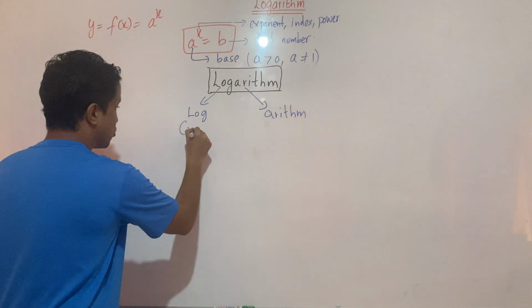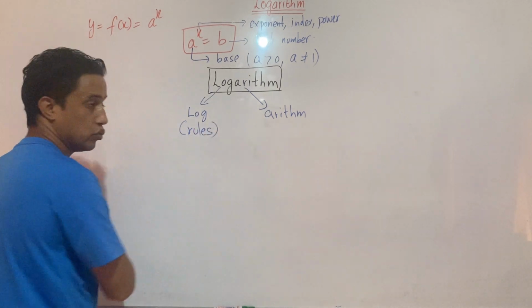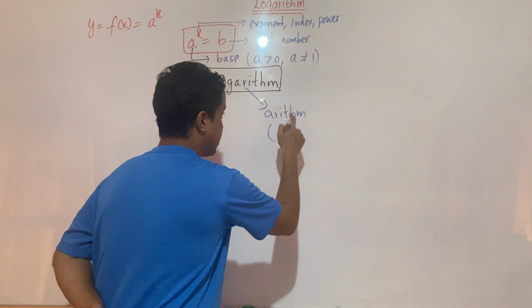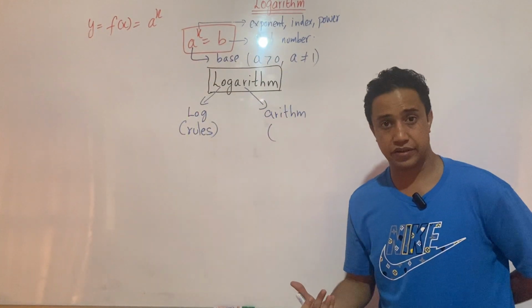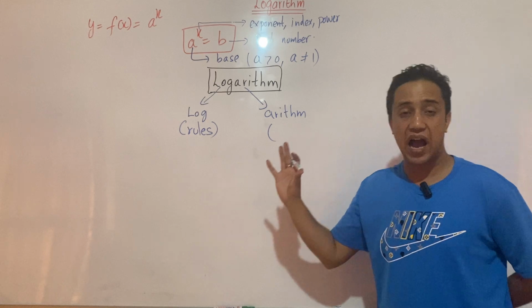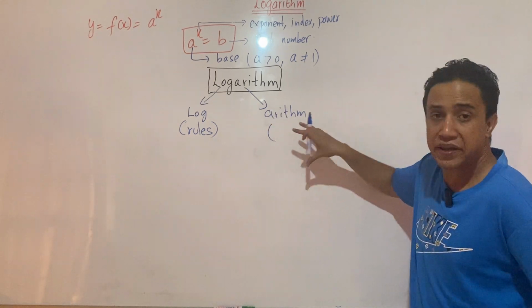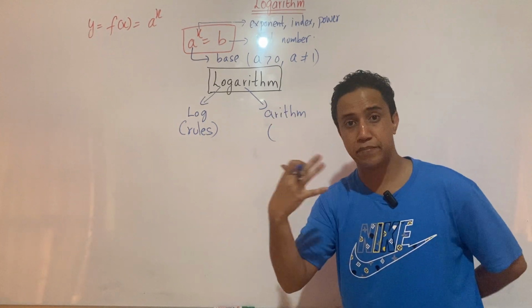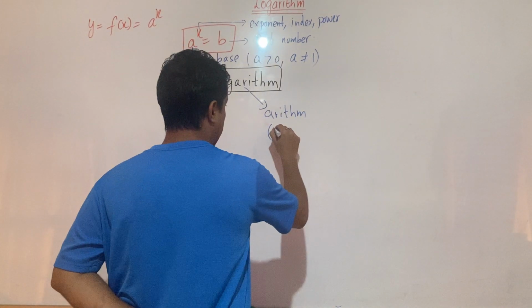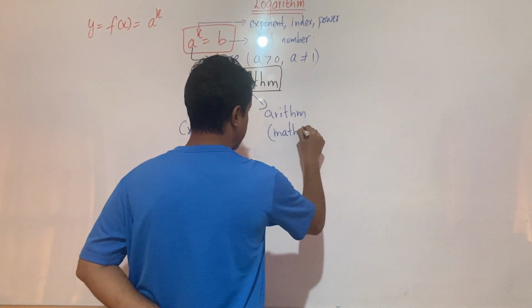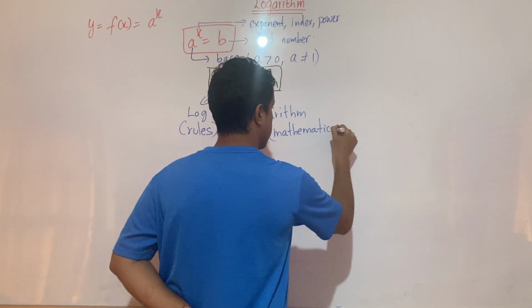Log means rules, and rhythm means arithmetic. Arithmetic specifically means mathematical calculations.